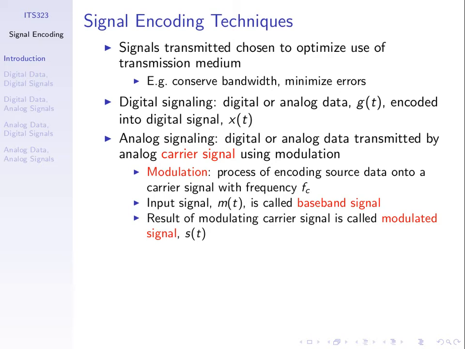So we can have digital signals carrying digital data or analog data, and we can have analog signals carrying digital data or analog data. The signal encoding techniques we go through are ways to map the data to the signal. Like this one. The signal encoding technique is transmit high for bit 1, low for bit 0. There are other alternatives.